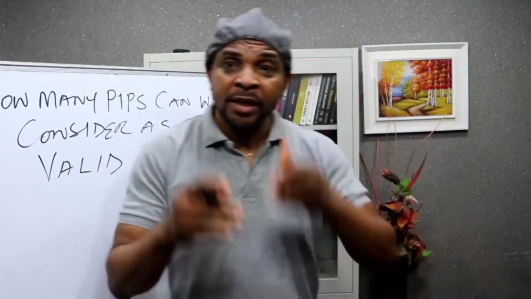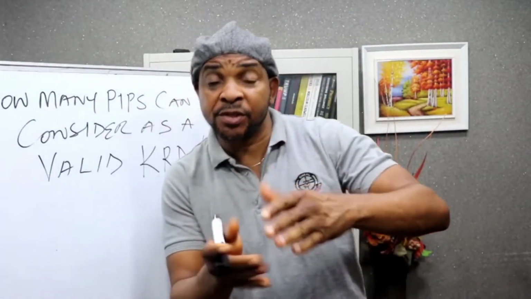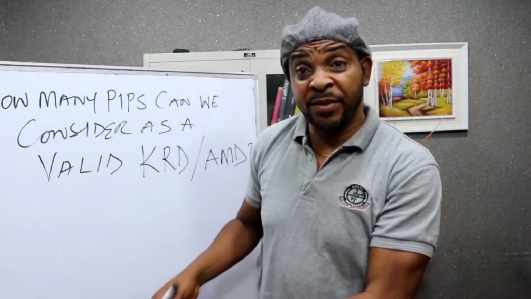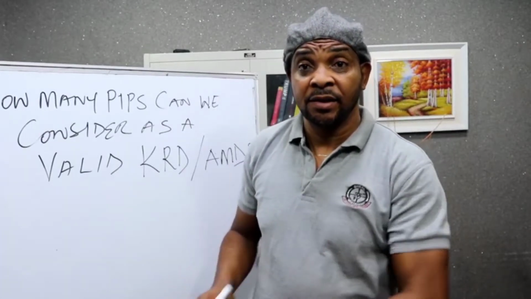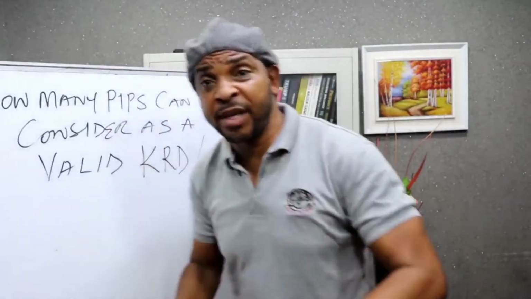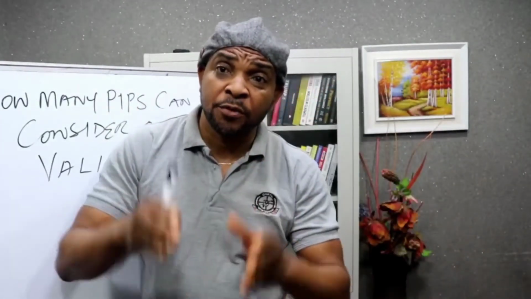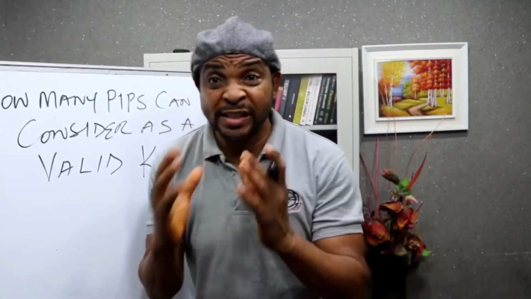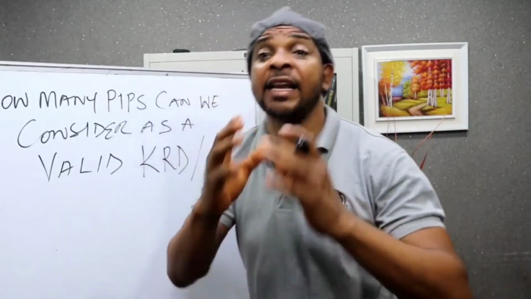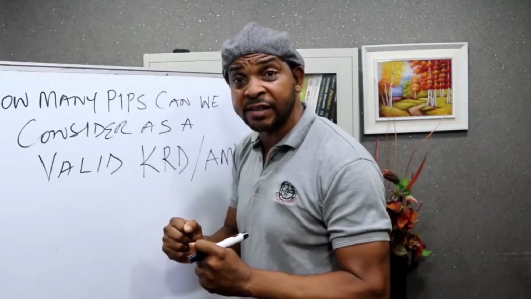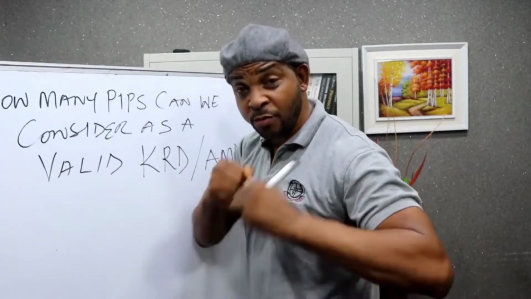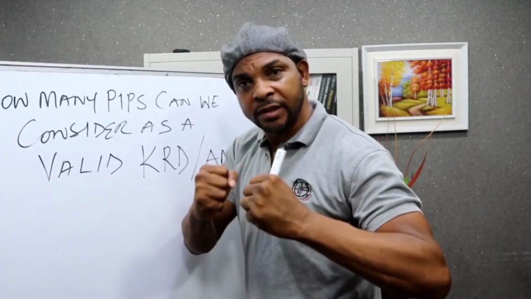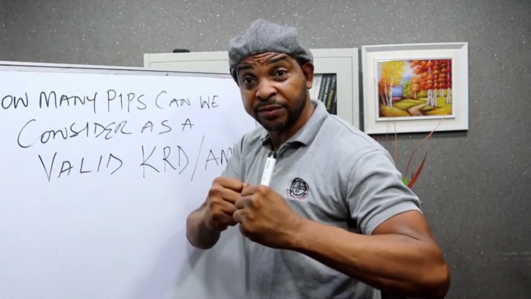So it's between a minimum of 50 pips or a minimum of 70 pips before I can consider it as an aggressive movement. And I want to see those candles moving aggressively to establish that stronghold.